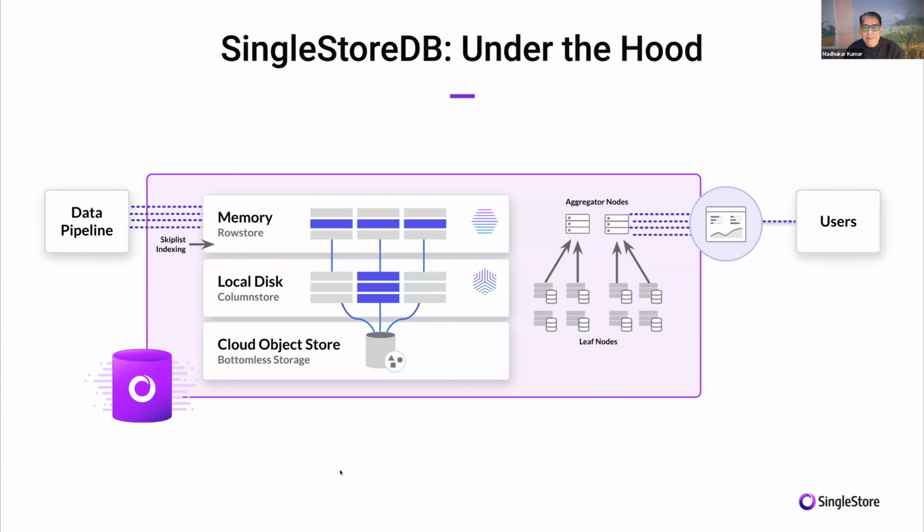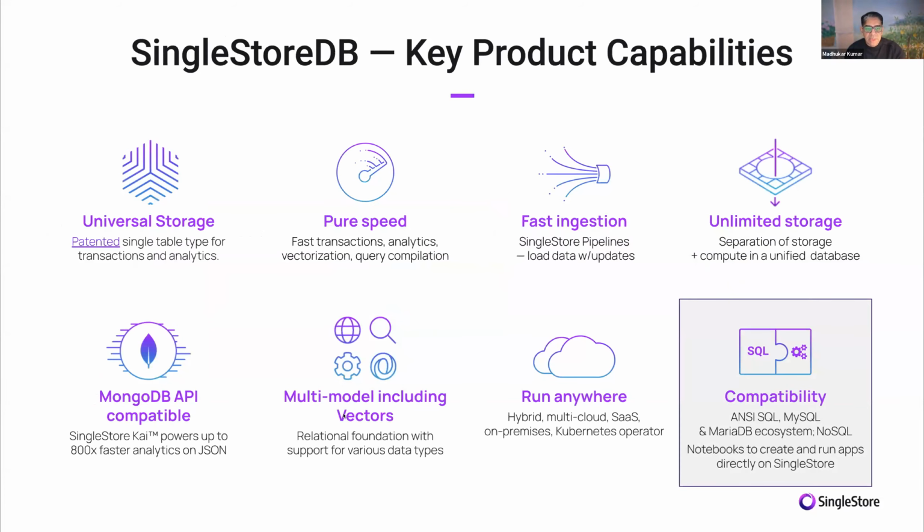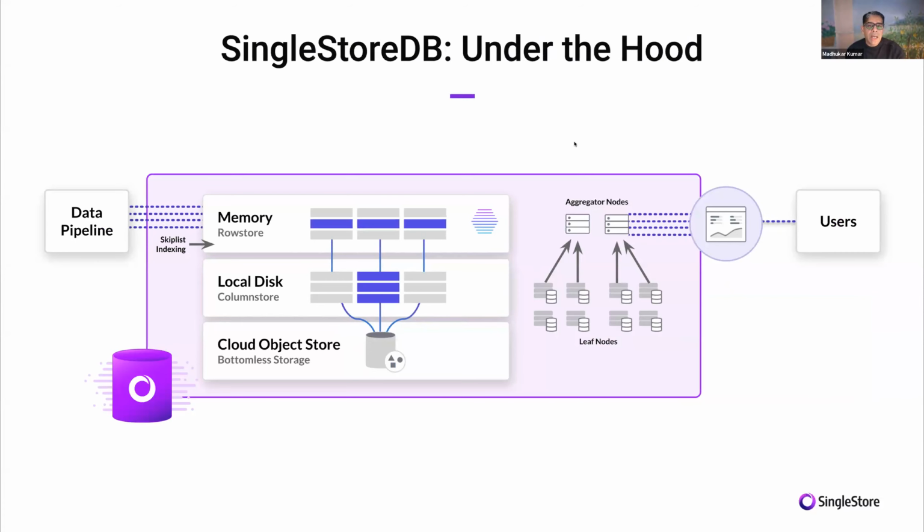The thing that makes us different, because this is a question that comes quite often, is how we can do both columnar as well as row-based data in milliseconds, whereas other batch-related analytics databases or data lakehouses cannot. The reason is that we've been around for about 8-10 years. We have several large customers. About 60 to 70% of our customers are Fortune 100 companies. And we were known as MemSQL.